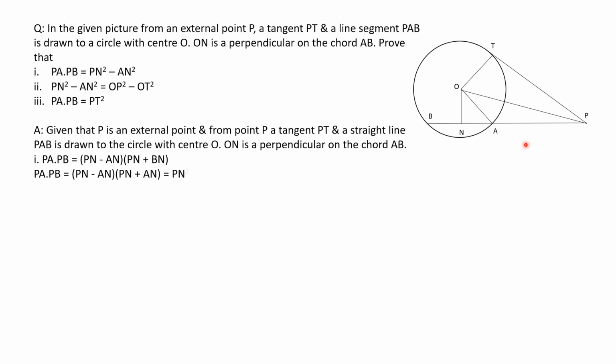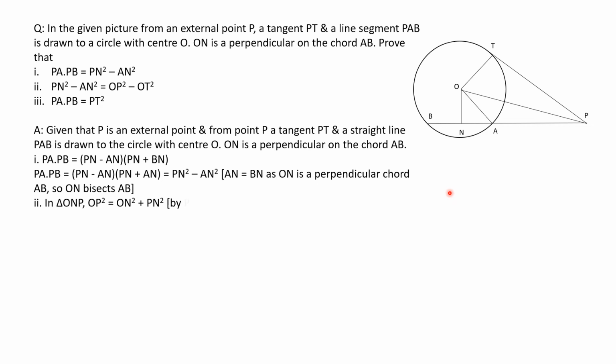This implies it is PN minus AN into PN plus AN. Why? Because AN equals BN, as ON is perpendicular to chord AB and ON bisects AB. So PA into PB is PN square minus AN square. Hence proved.